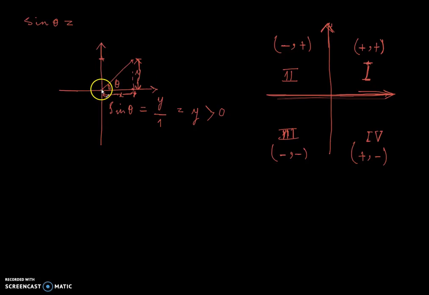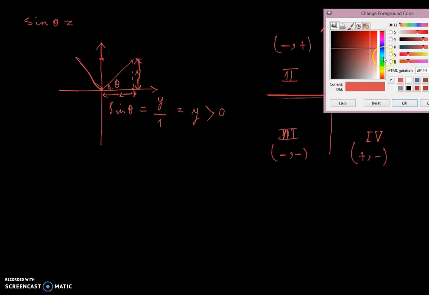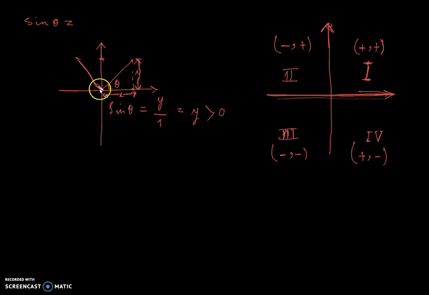Now if theta was in the second quadrant, something like this angle, then you have an obtuse angle, and we said that in case of obtuse angles, you basically have to write sine beta.